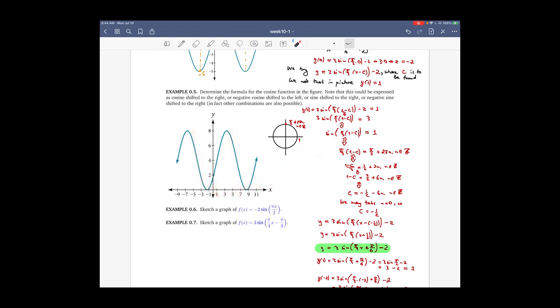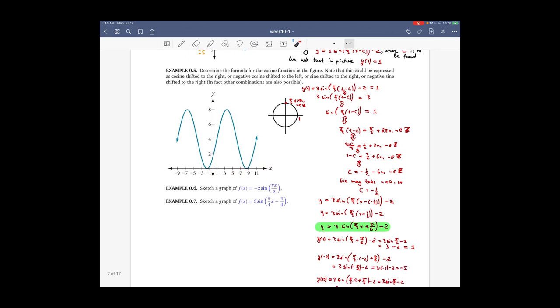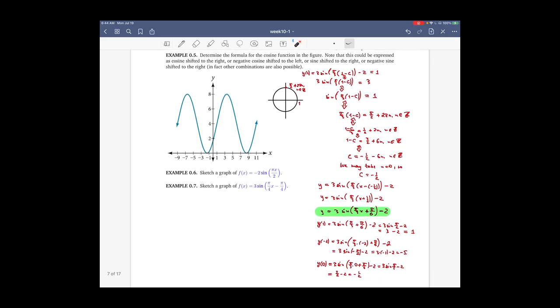So let's understand what this function is. Following our usual scheme, let's understand the amplitude.